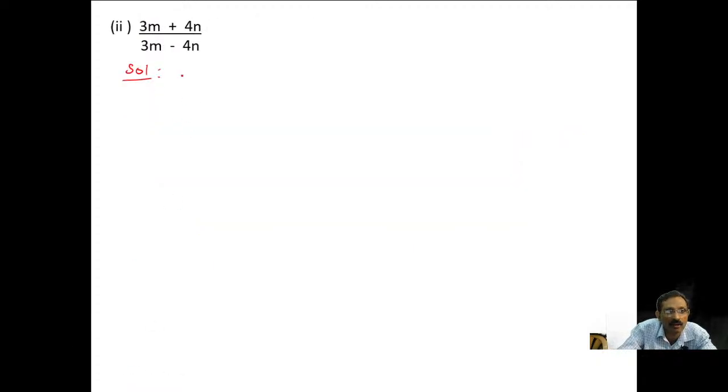So what we got is m upon n is equal to 5 upon 2. Now look at this. Directly I cannot use componendo and dividendo because I will get m plus n and m minus n.